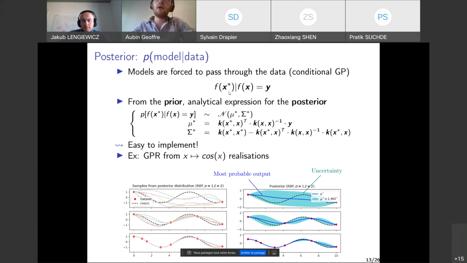What is under consideration here is the value of the model at a given point, knowing that the model is forced to be equal to the data at the known points. If we constrain the models to pass through all the data, then you have these graphs, with various samples constrained to pass through the data.